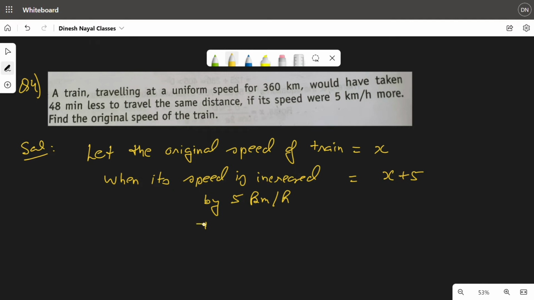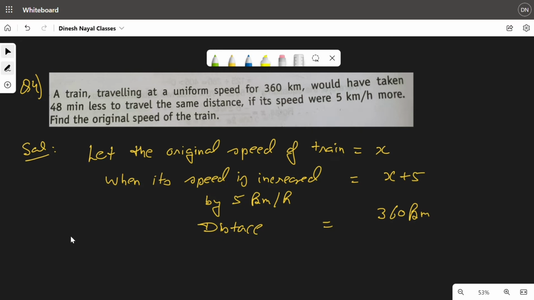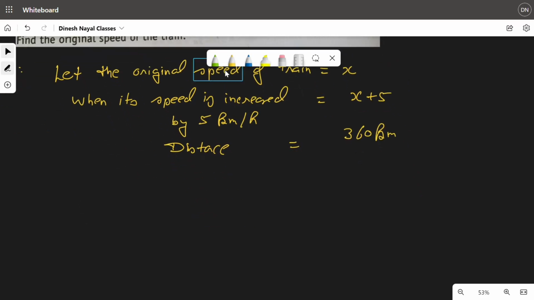Now what's the distance? See, distance is the same. Distance is 360 km. Now we have to find the time taken with these speeds.